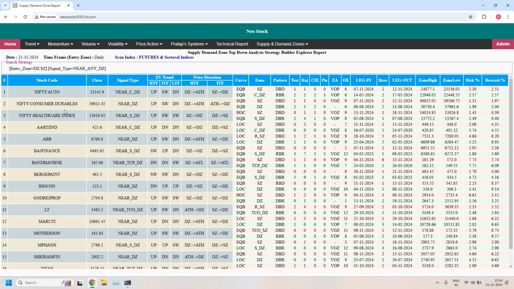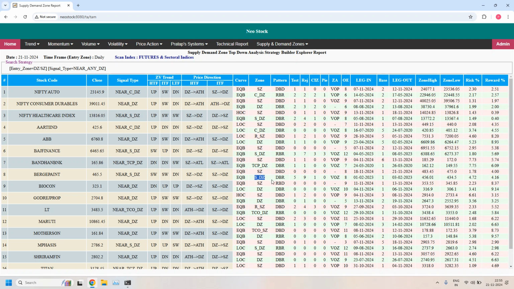NIFTY healthcare, but it is an index, you can't use it for F&O trading. Aarti Industries having a high liquidity daily demand zone. Bajaj Finance is pierced, you can't use. Next, Bandhan Bank, having high liquidity demand zone.